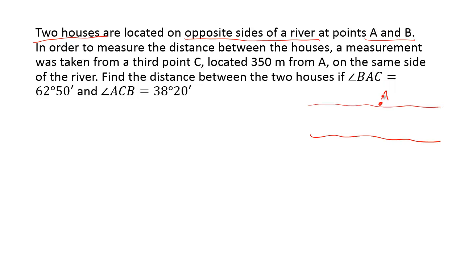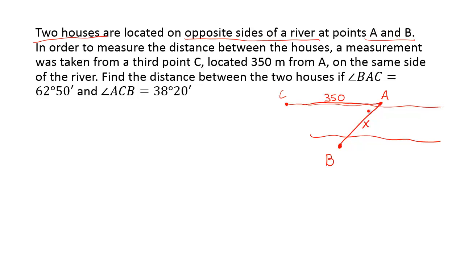Say you've got point A and point B. In order to measure the distance between the houses, a measurement was taken from a third point C, which was located 350 meters from A. So let's say there's C right here, and that's 350 meters, on the same side of the river. Find the distance between the two houses, which is this distance.